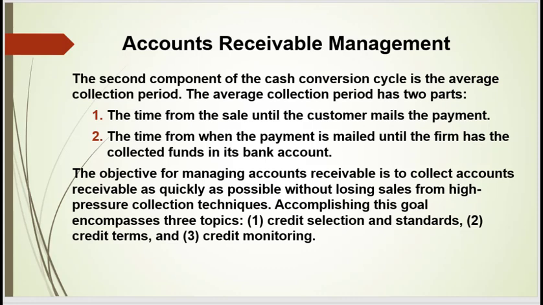Two, credit terms: what are the actual contractual terms for getting payment? And finally, credit monitoring: trying to review the outcome of our credit policy and then ultimately making changes if necessary.